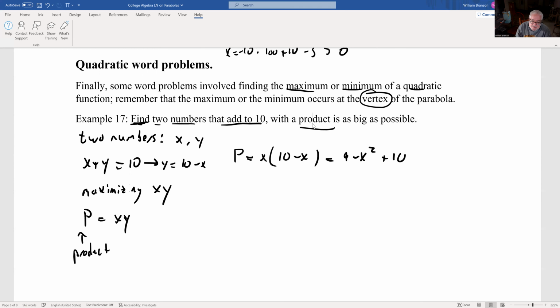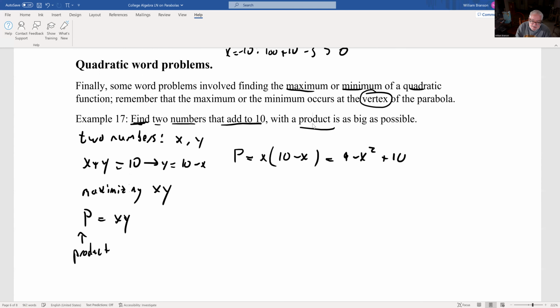So what is the vertex telling us here? Our product has roots 10 and 0, right? This gives me a root of 0, this gives me a root of 10, and my vertex is at 5. This is x, and this is p, and what are we finding out?